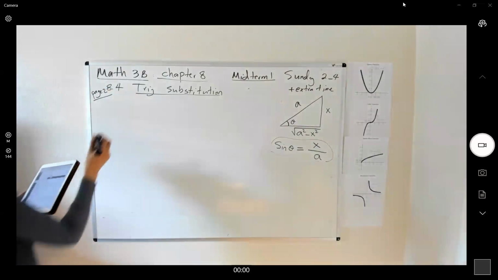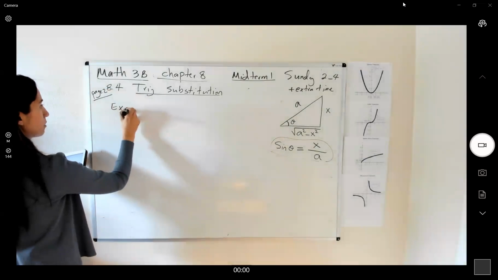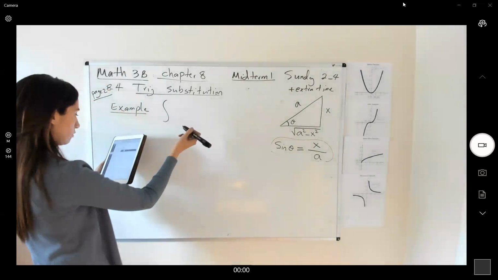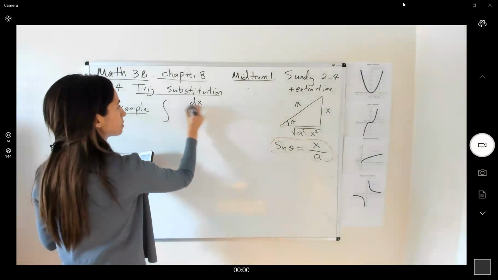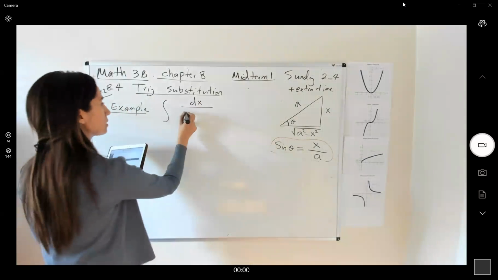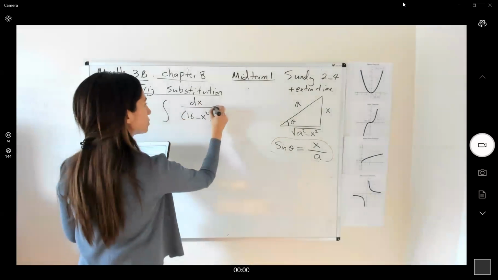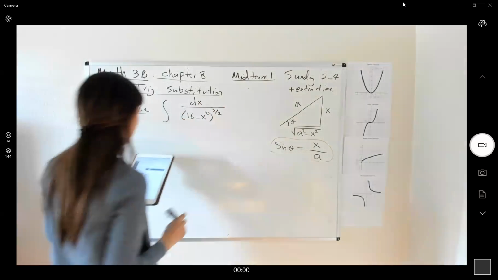So now here we have the integral example. Here we have this integral, which says we have dx divided by 16 minus x squared raised to 3 halves.